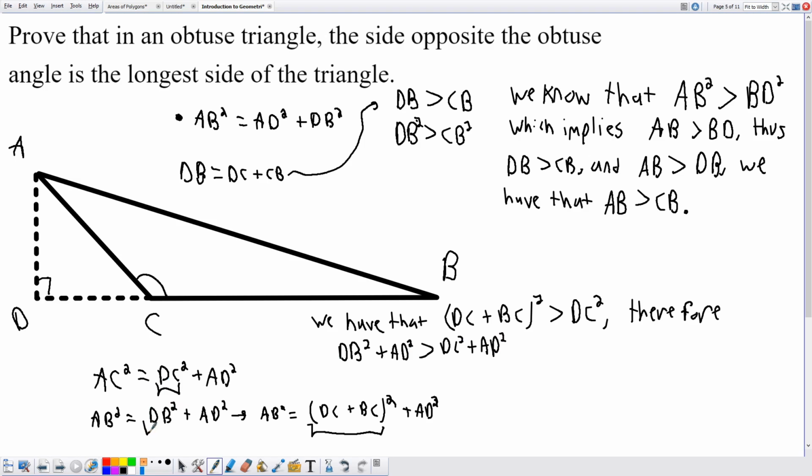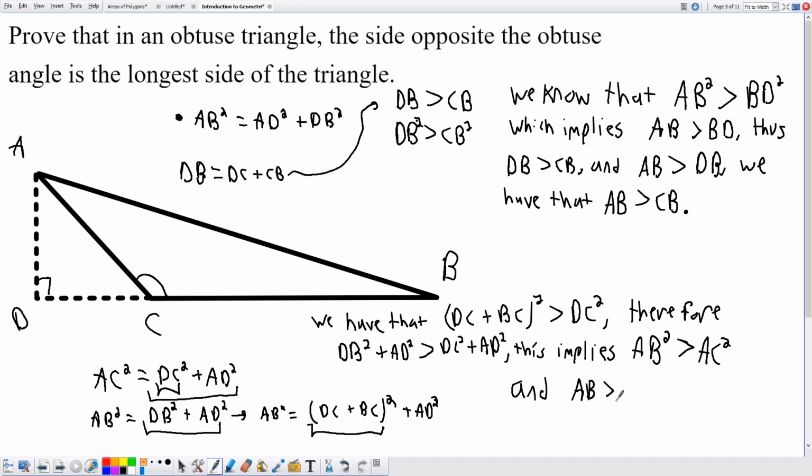So this side of the equation is greater than this value, and this implies that AB squared is strictly greater than AC squared, and AB is greater than AC.